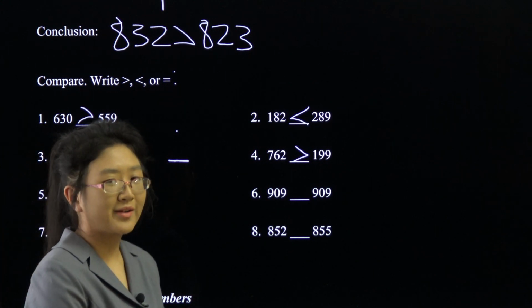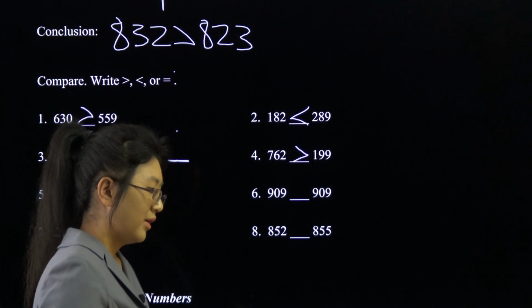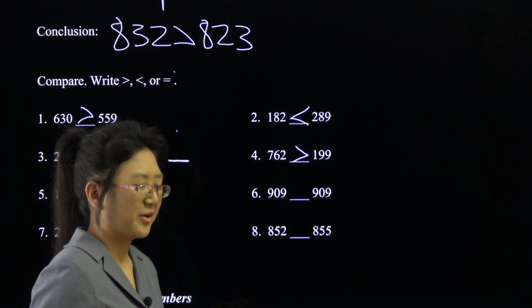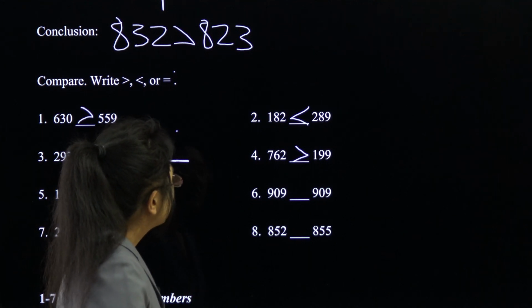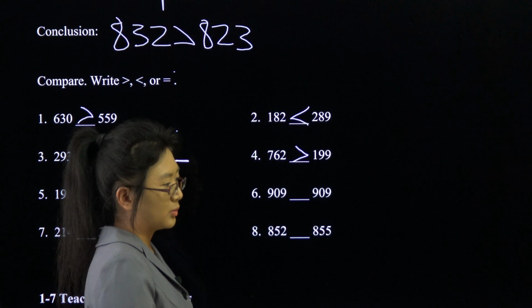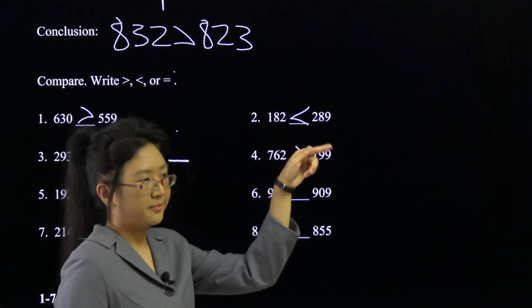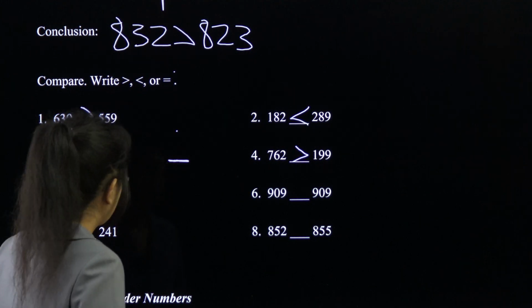Essentially, you're just comparing the place values that have the biggest value. Okay, that sounds strange now, doesn't it? You're comparing the largest place values, and since the smaller ones are on that side, you naturally start with the left. Okay.